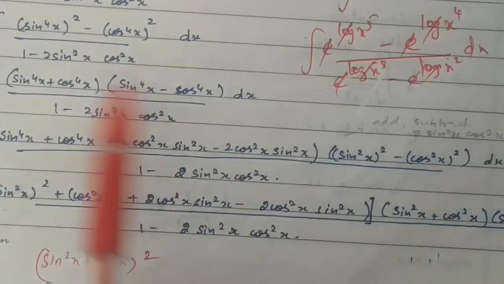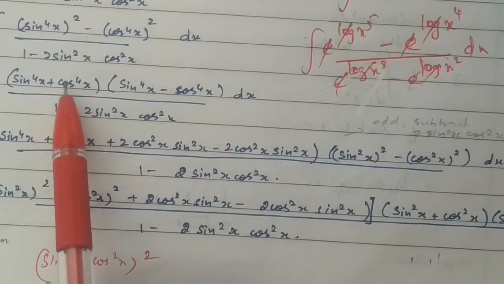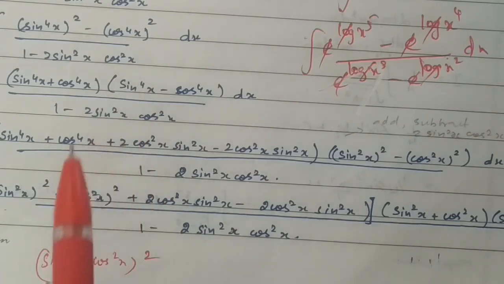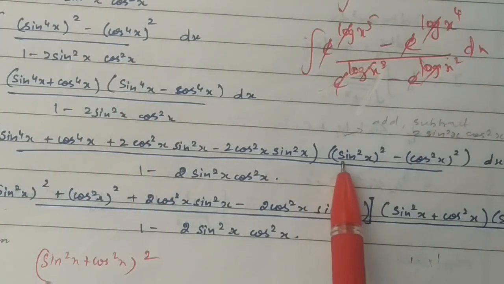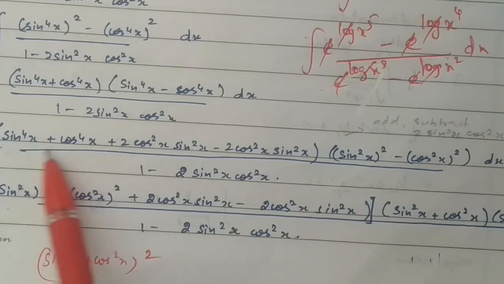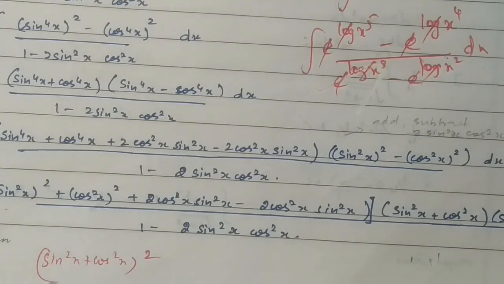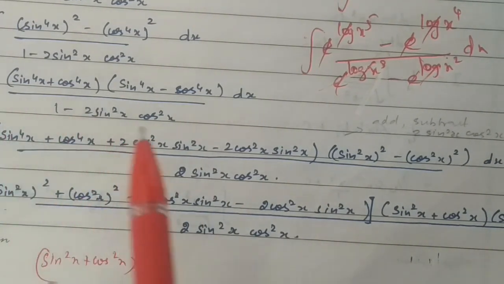So the next step here, from this you are going to add and subtract 2 cos squared x sin squared x. Here you are writing in the form of A squared minus B squared. Now here this term sin power 4x plus cos power 4x plus 2 cos squared x sin squared x can be written as A plus B the whole square.